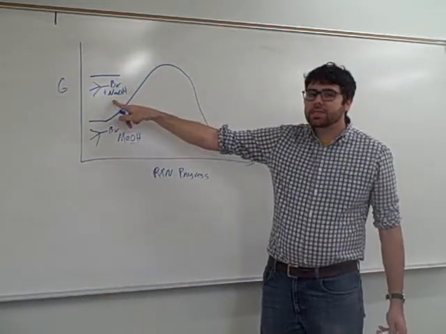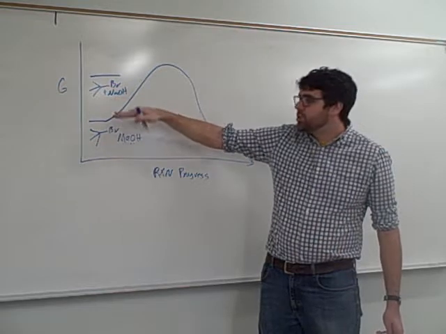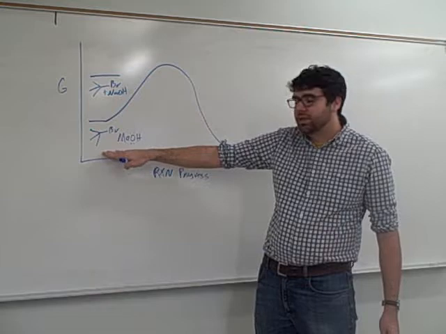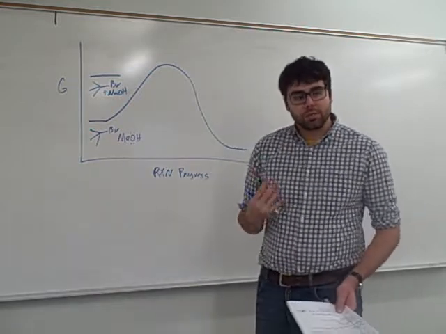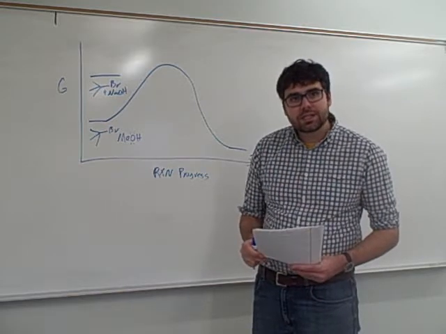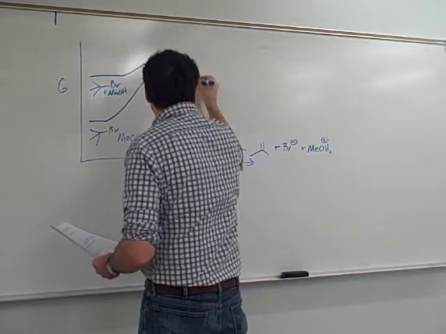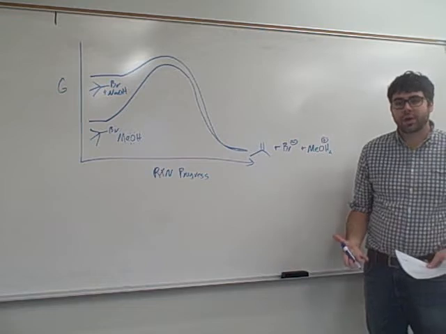So our reactants are boosted up in energy relative to the reactants with the weaker base, because sodium methoxide is more reactive than methanol. This goes over a relatively similar transition state and leads to essentially the same products.